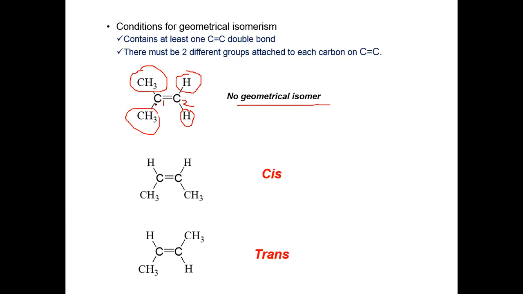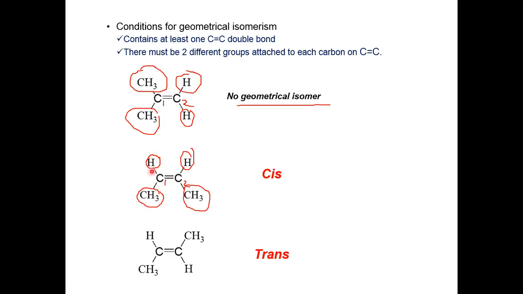The first carbon must have two different groups. Cannot have both of the same substituents on the same carbon. So for example, this one: CH3 and H on carbon 1, H and methyl on carbon 2. So it has different substituents on each carbon.